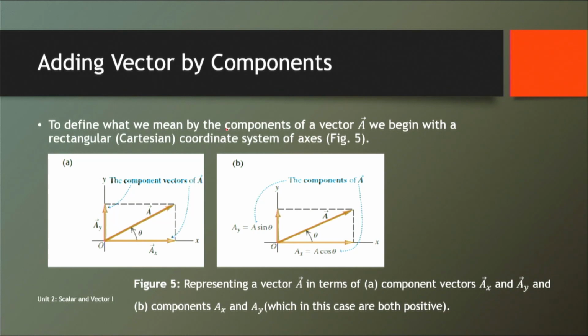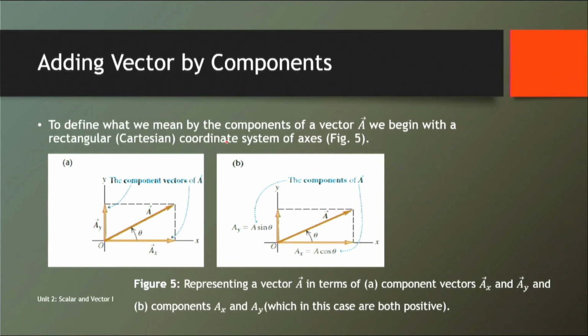Adding vectors by component. In the previous section, we learned how we can add vectors using the graphical method, either head to tail, or tips to tail, or using the parallelogram.